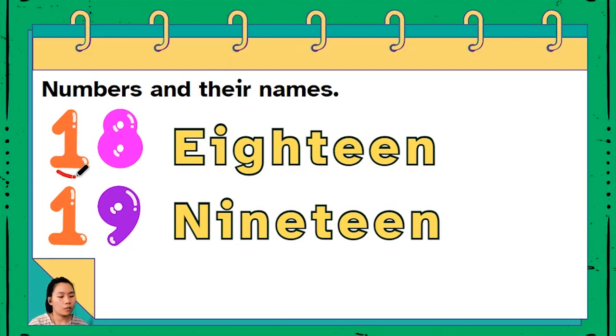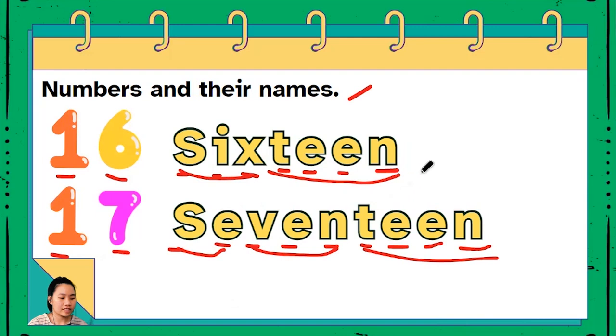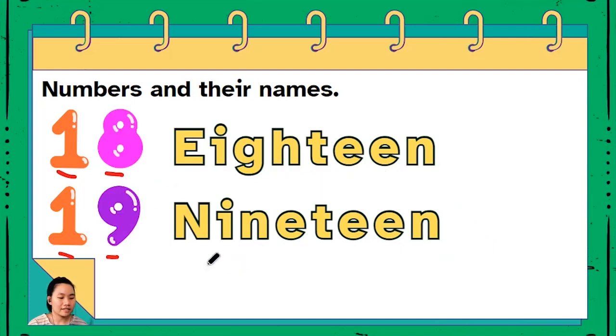Next up is 18 to 19. 18 is 1 and 8. 19 is 1 and 9. As you have already guessed, similar to 16 and 17, they have the numbers before and the word teen at the back. 18 and 19 is the same.